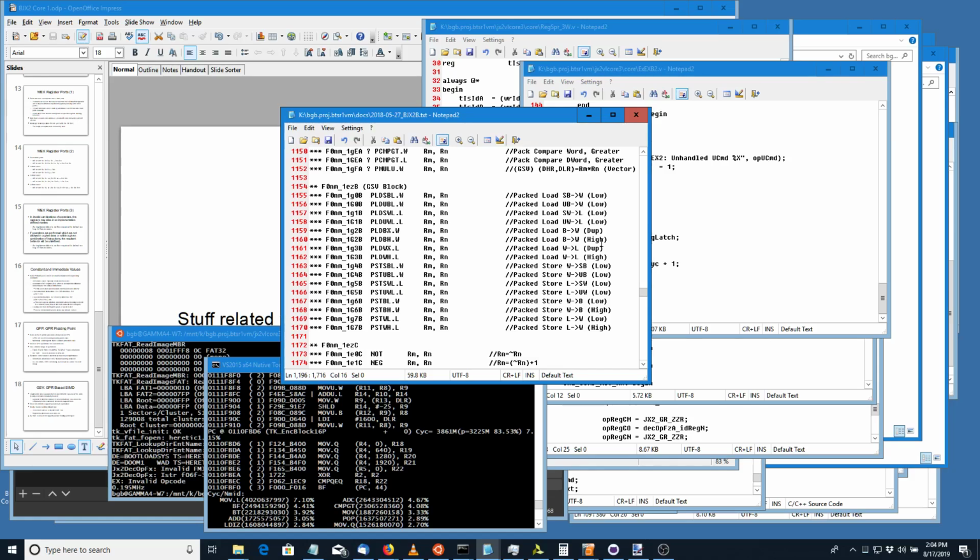And similarly, you can go the other way, narrowing. So word to byte, double word to word, and so on.